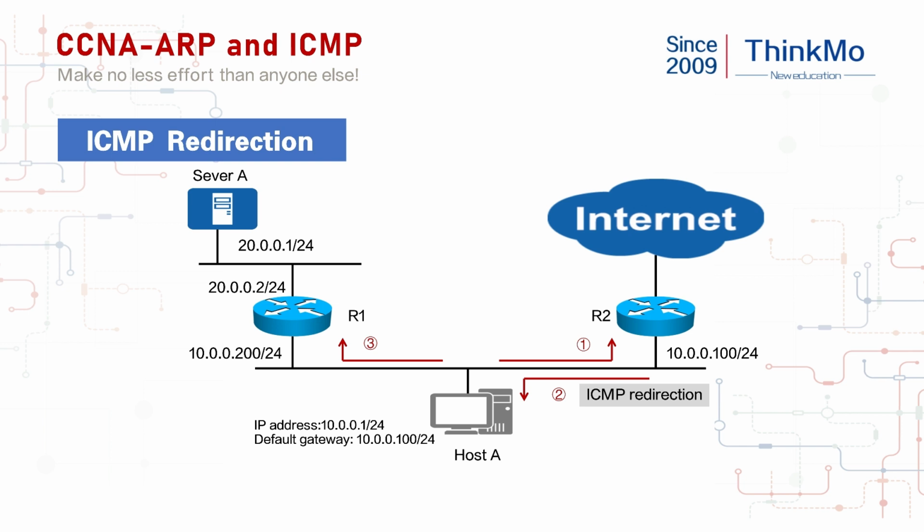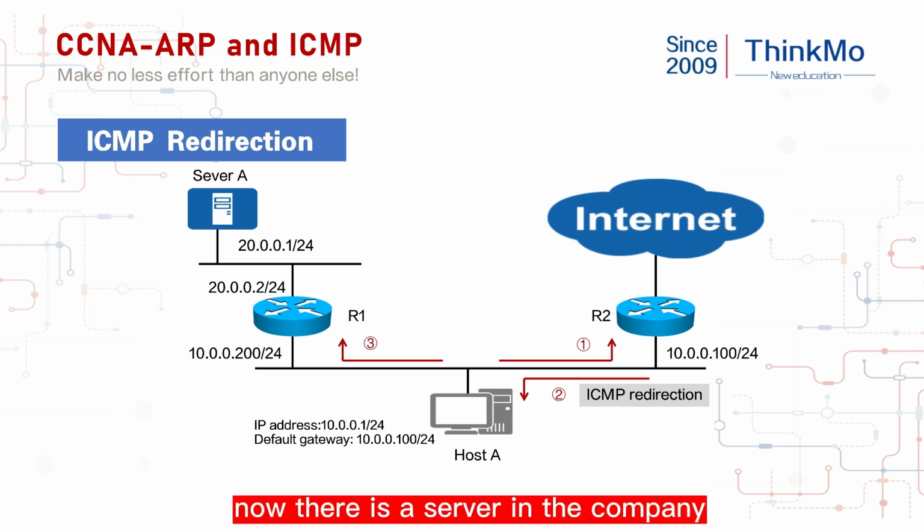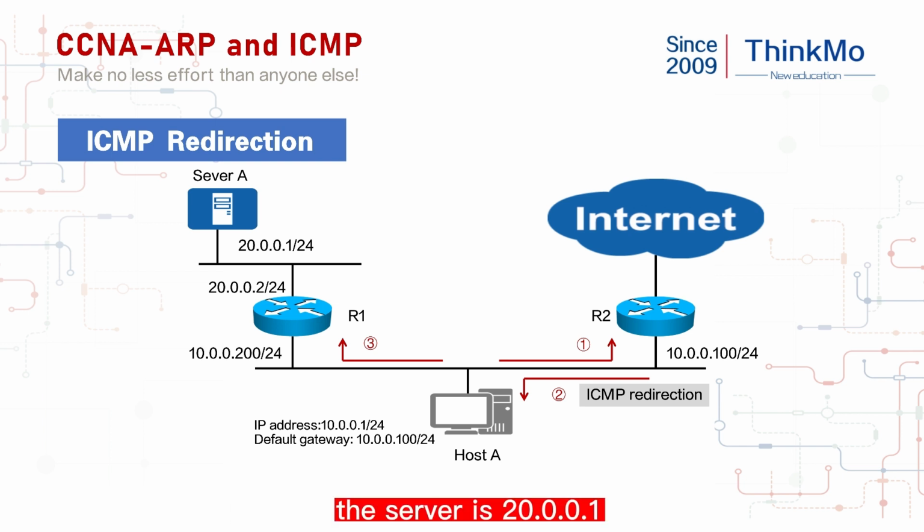But you will find, now there is a server in the company. The server is 20.0.0.1. The host is 10.0.0.1. If the data is sent now, the host wants to access 20.0.0.1. Then in theory, the device is here.